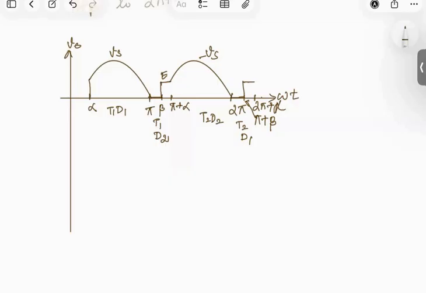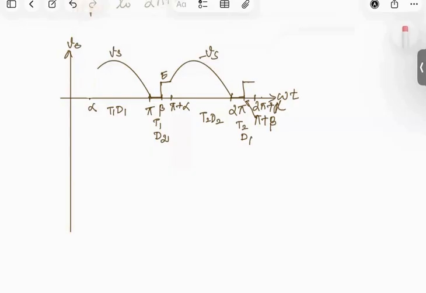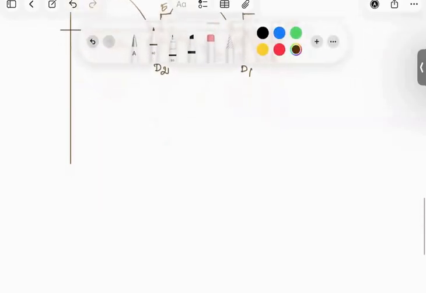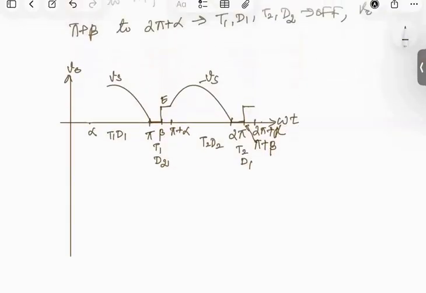Similarly, before alpha, we will have the output voltage following the back EMF.